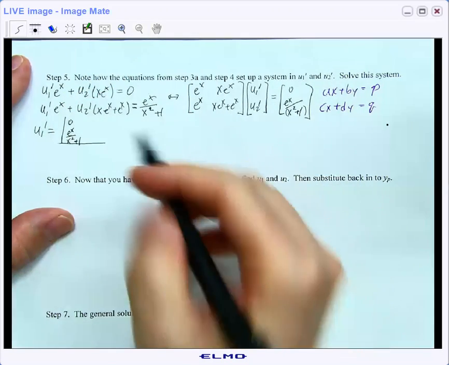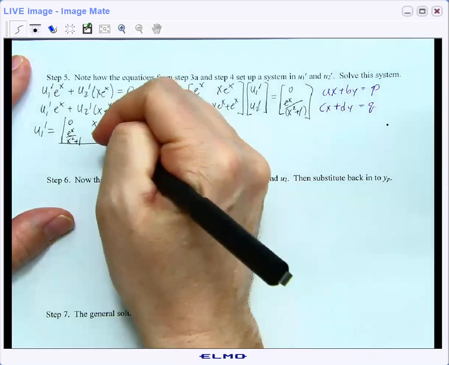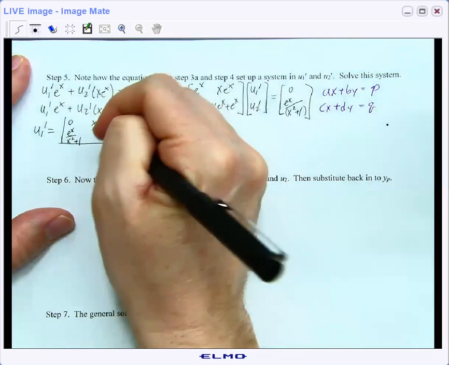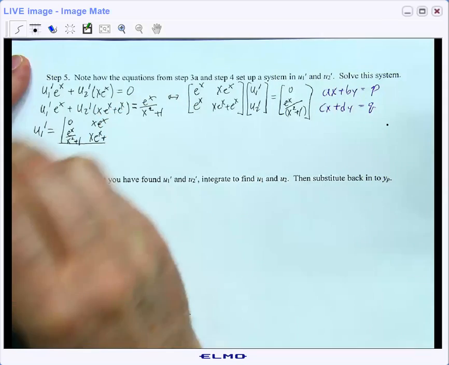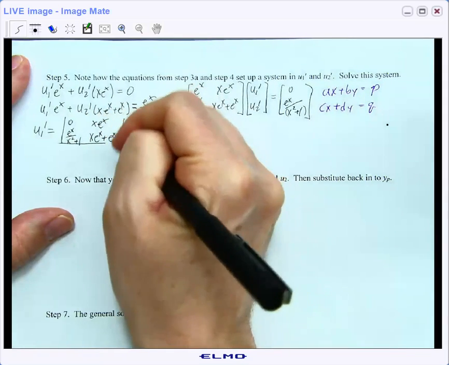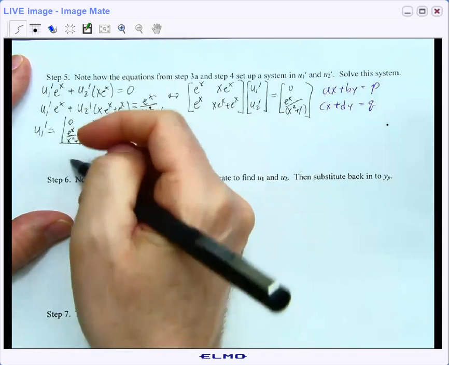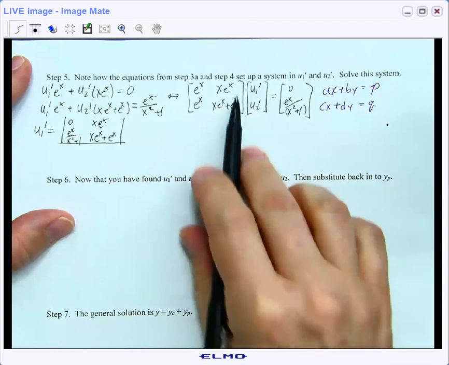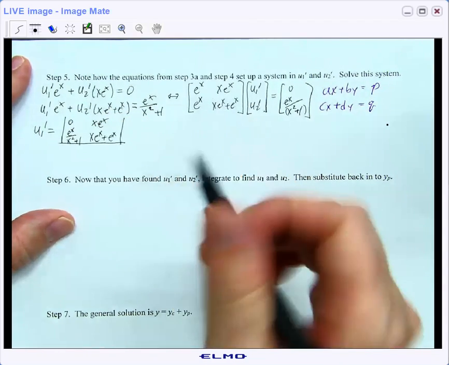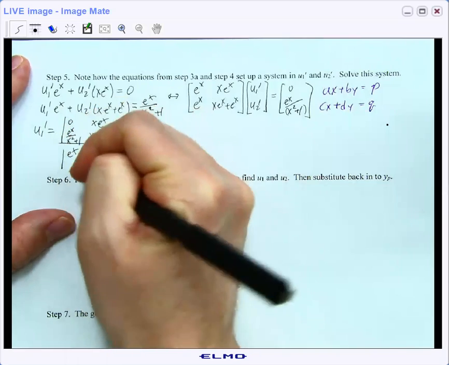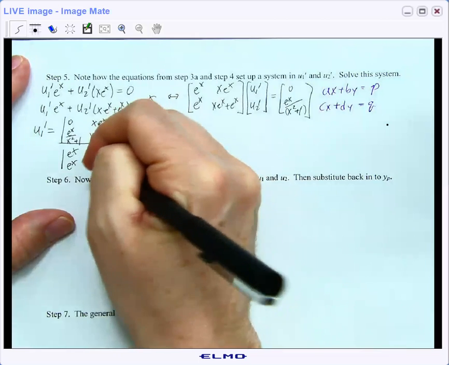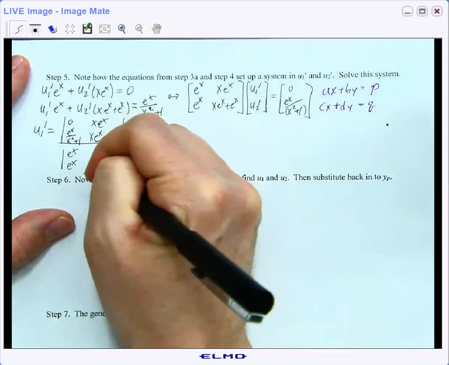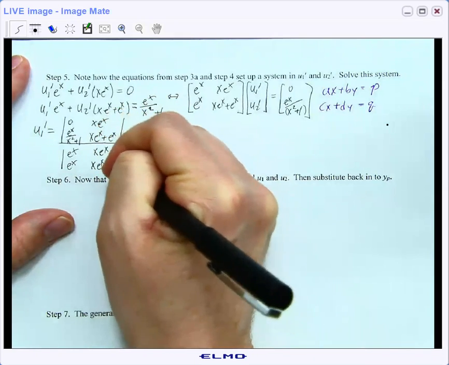The second column stays the same, x e to the x and x e to the x plus e to the x. And we divide by the Wronskian, the determinant of the coefficient matrix, e to the x and x e to the x and x e to the x plus e to the x.